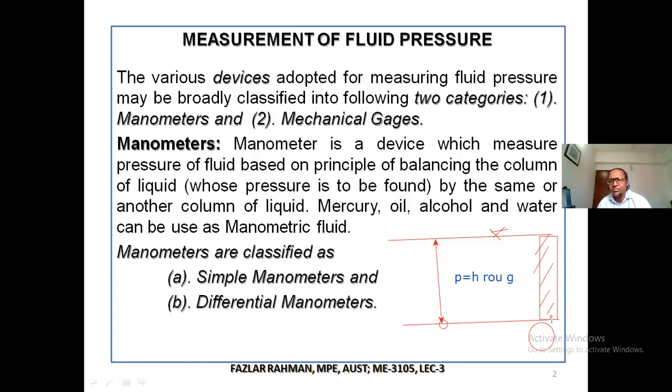H rho G, same. Okay, because we always go by the vertical height of the fluid. So that means you consider a column of liquid working vertically, then you see what is the height of that column. That will be your pressure, and the value will be H rho G. Always you need to think that way. Okay.